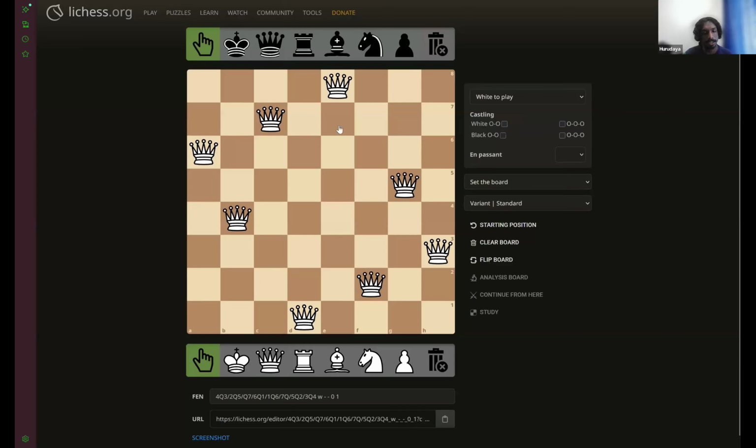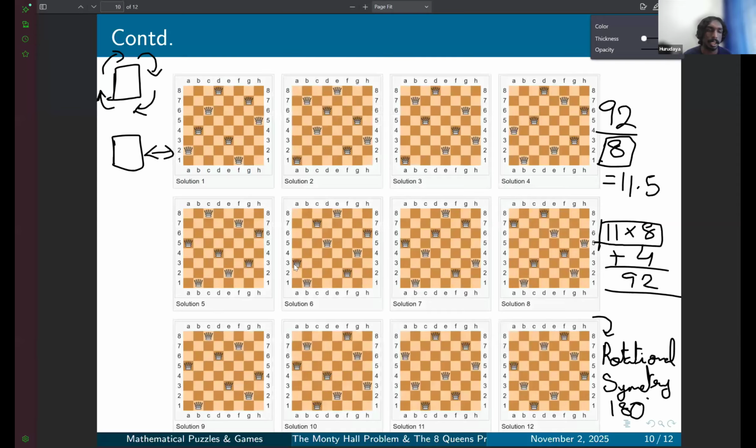Like how I just did one rotation, I can do 4 rotations if it's not symmetric. And the other thing I can do is flip it and then rotate it 4 times, right? So you get 8. That's where my 8 solutions come from. Is that okay? Yes, sir.